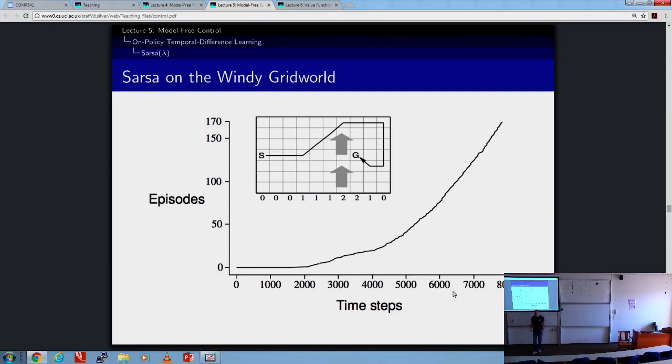When it first started, it ran around for 2,000 steps without reaching G, because it doesn't know anything. And as soon as it reached G once, it immediately starts taking off, because now it has a lot of information about which squares are closer to G, etc. So it finishes more and more episodes faster and faster until it reaches a fixed slope, which is like 14 moves per episode or something.